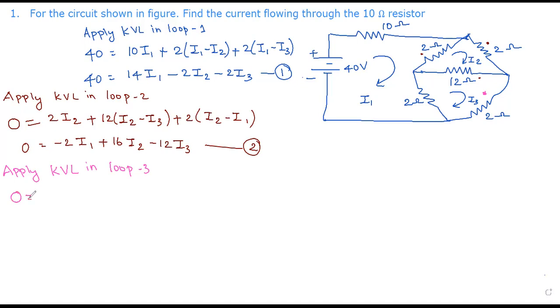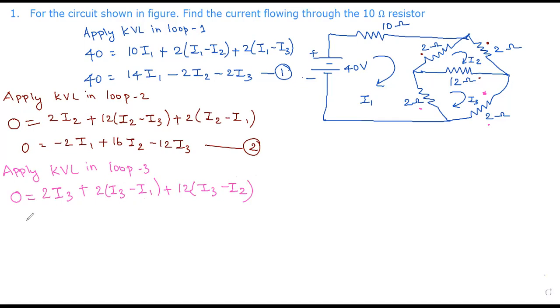So 0 is equal to, now for this 2 ohm resistor, the current flowing through it is I3 and I1, so 2 into (I3 minus I1), plus for this 12 ohm resistor, I2 and I3, 12 into (I3 minus I2).